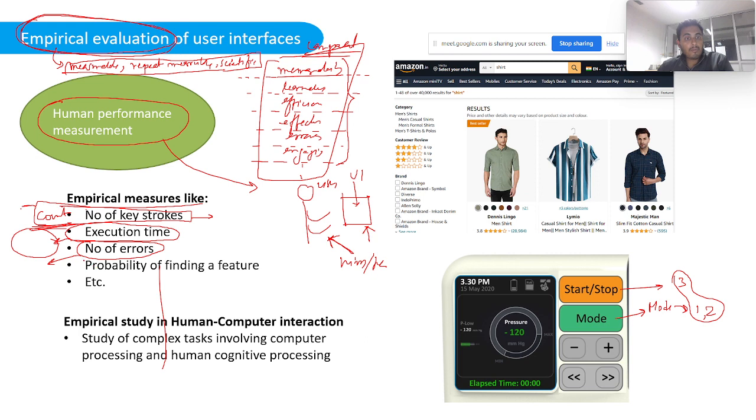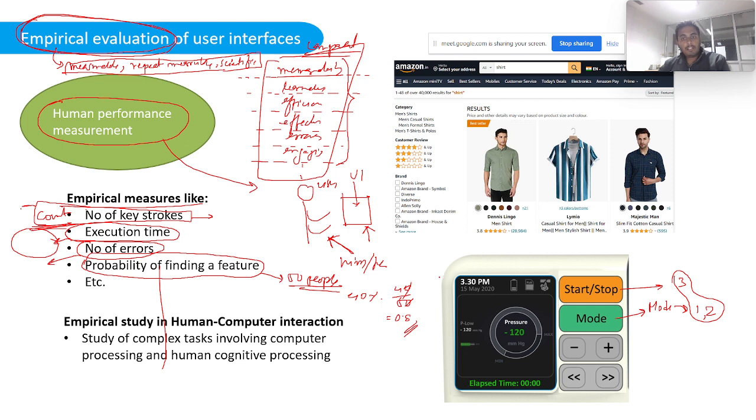Okay. Then the probability of finding a feature. The probability of finding a feature is a measure of probability. For example, if out of 50 people, 40 people can identify a particular feature, you can say the probability of identifying this particular feature is 40 by 50, which is 0.8.